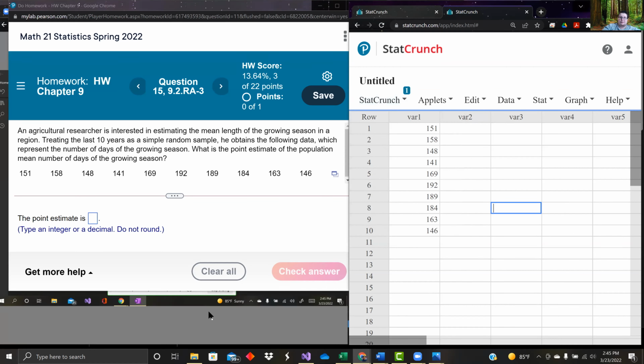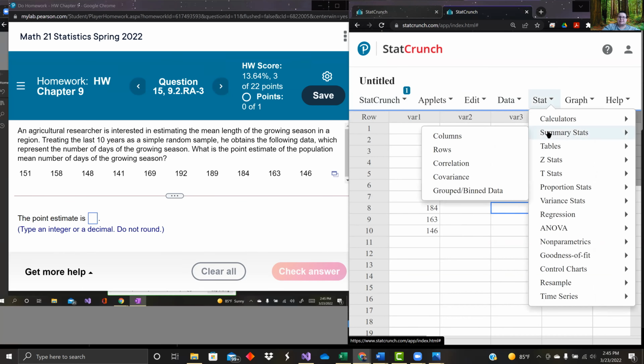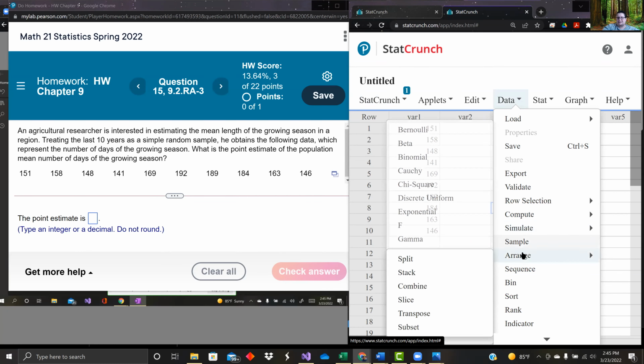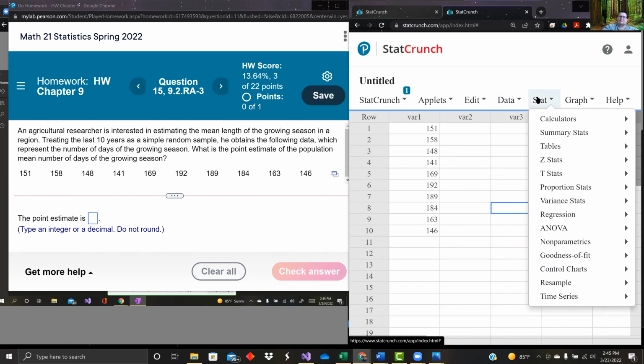Oh, I got an answer. Yep. Not data, stats. Summary stats. You had the summary right. We don't use data for hardly anything. Data is mostly just for simulations and every once in a while sorting. Most everything's through stat.